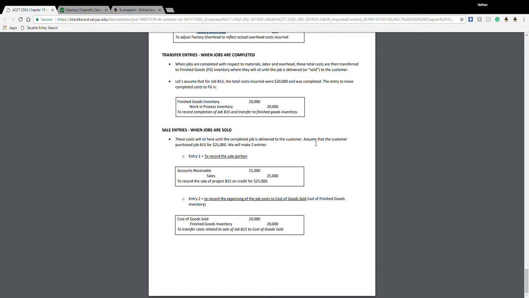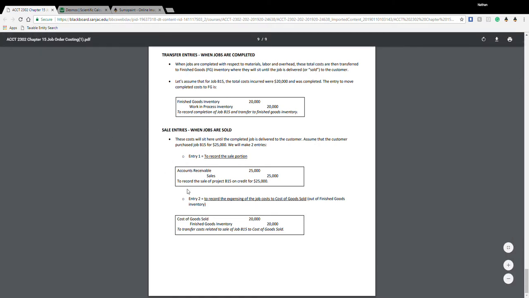So first is to sell the job. So when we sell it, most likely the customer is going to have it on credit. We want to bill out the customer. It's a lot easier just to bill out the customer the job that actually happened. So that means we're going to debit accounts receivable of $25,000, and then we're going to credit sales of that $25,000. Again, this is recording our revenue.